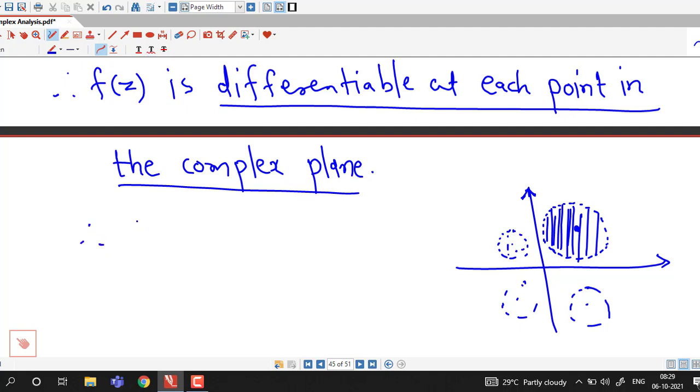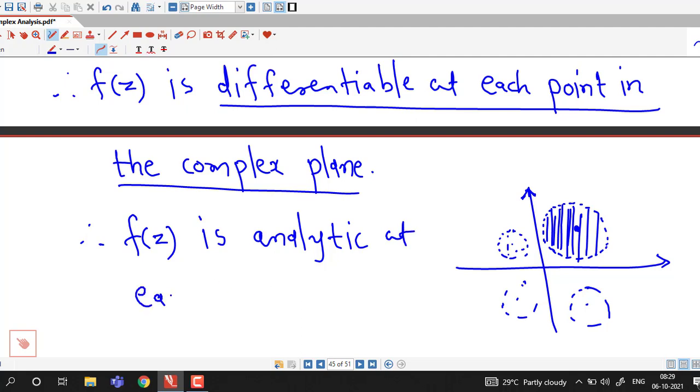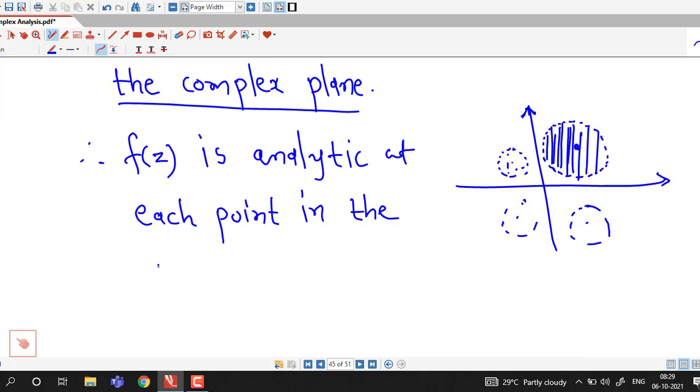So this means the function is analytic at any point. Therefore f of z is analytic at each point in the complex plane.